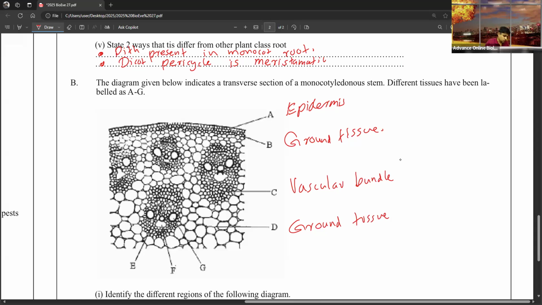G, how about taking xylem vessel? F, phloem. It's like broken down parenchyma. Lysigenous cavity, you don't have to write that. Just ignore it. It's not in our syllabus, so no need to write that.